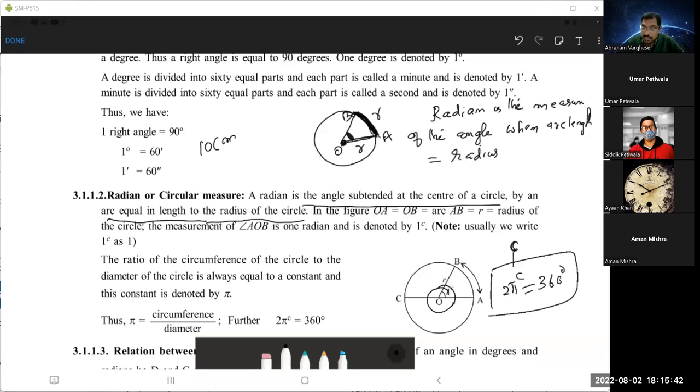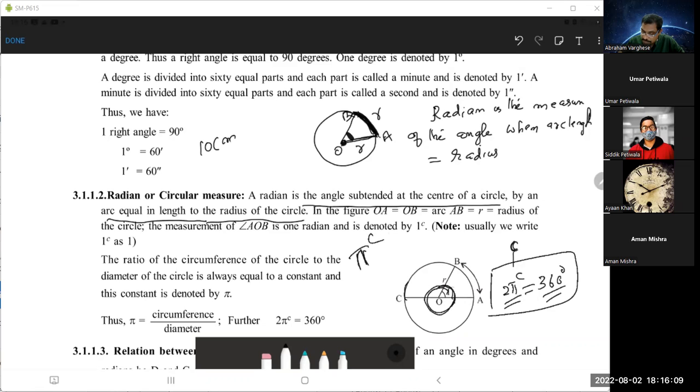So 2 pi radian means the total arc length, the perimeter of a circle with the radius r. If I take a unit circle, the radius will be equal to 1. At that time, 2 pi radian will be equal to 360 degree. So what about pi radian?